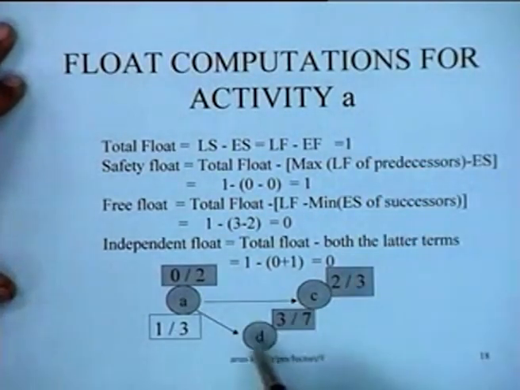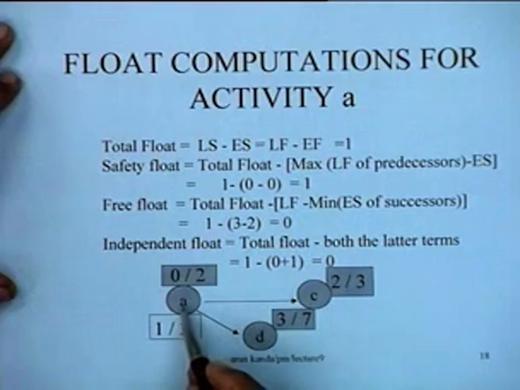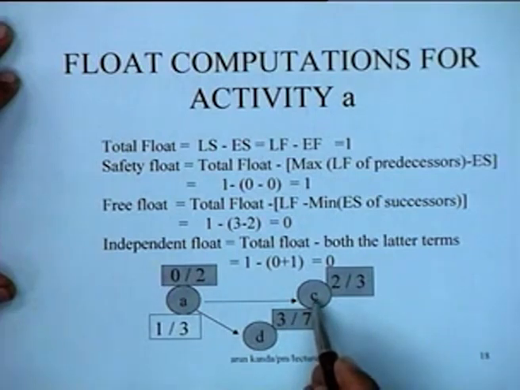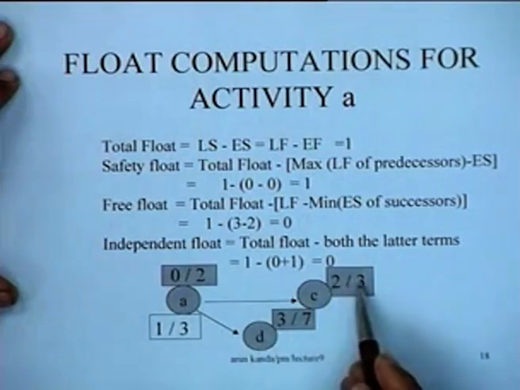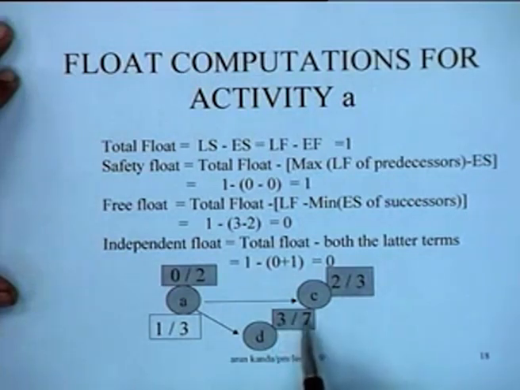I have isolated activity A, and notice that activity A is a beginning activity. It has no predecessors. It has two successors, and these successors are C and D. So what I have noted down here is the early start and early finish of successors. That's all I need for the activity.